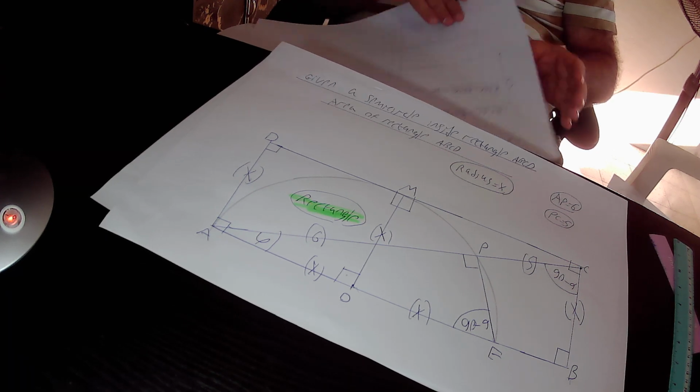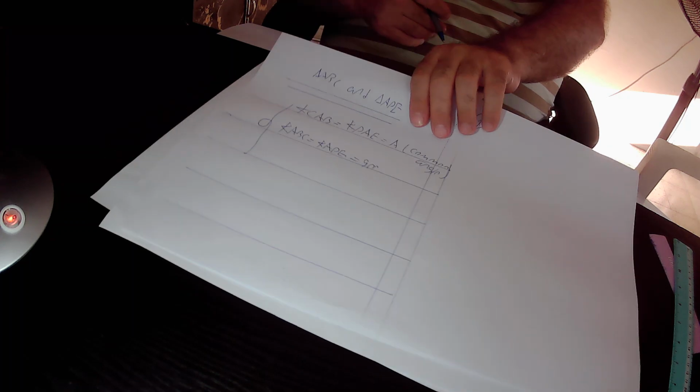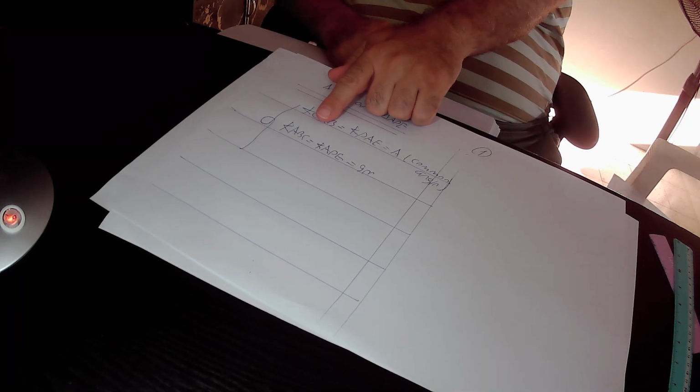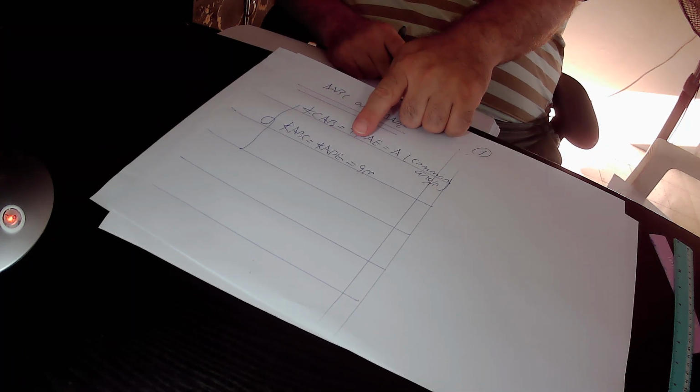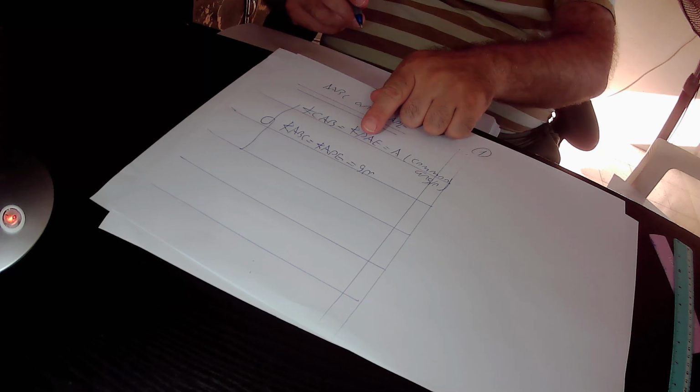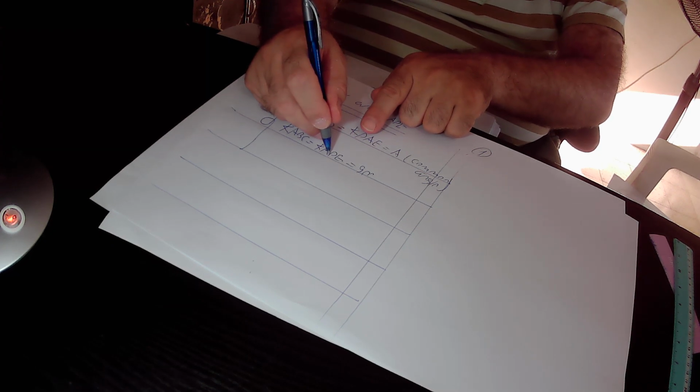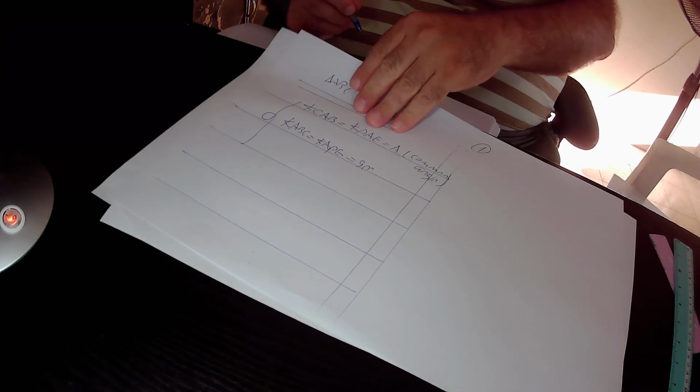So repeat again. Angle ABC in the big right triangle ABC equals angle APE in the right small triangle APE. They are both equal to 90 degrees and therefore they are equal to each other.